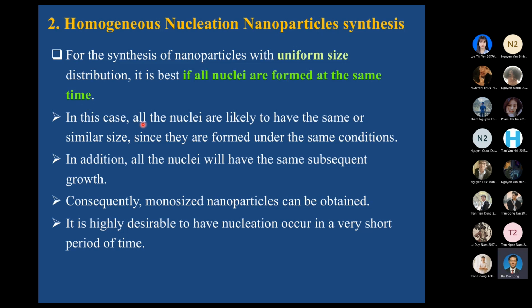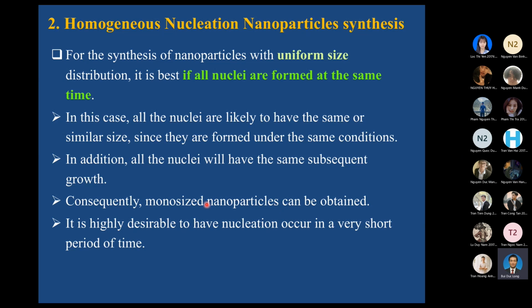In this case, all the nuclei are likely to have the same or similar size, since they are formed under the same condition, as I explained to you. In addition, all the nuclei will have the same subsequent growth, so the particles have similar or the same size. Consequently, monodisperse nanoparticles can be obtained.